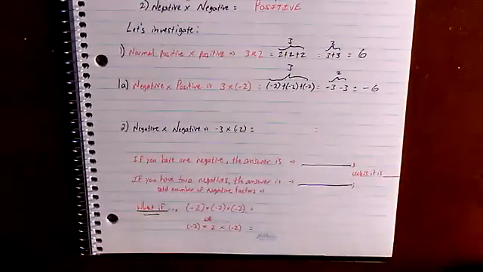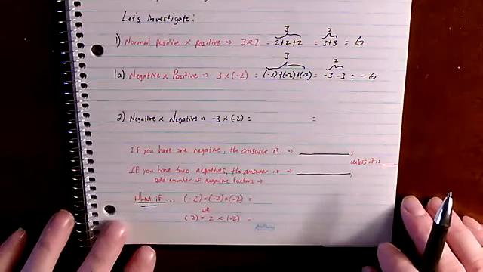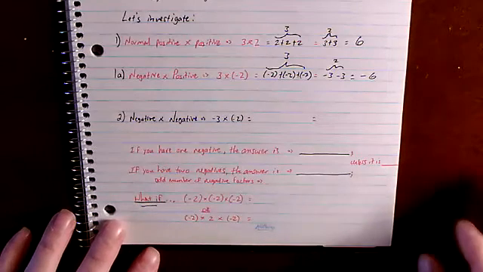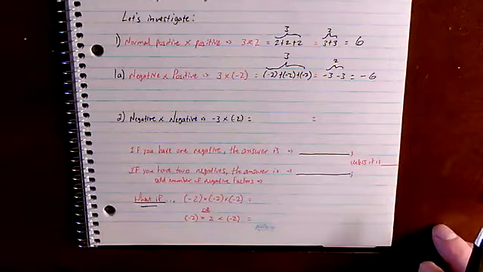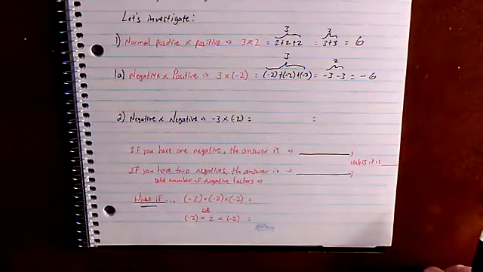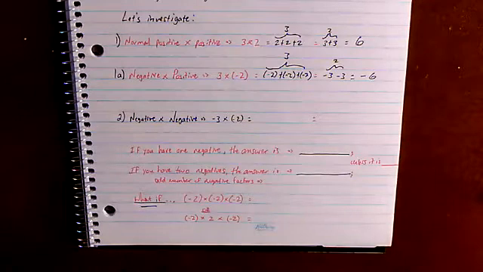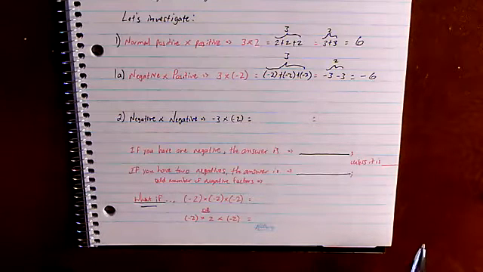Now, what happens when I have a negative and I'm going to multiply it by a negative? Now, you've got to follow me here. How can I have negative 3 groups of negative 2? Well, let's just say we have 3 groups, but they're all negatives of negative 2.